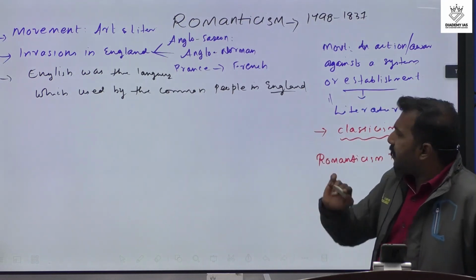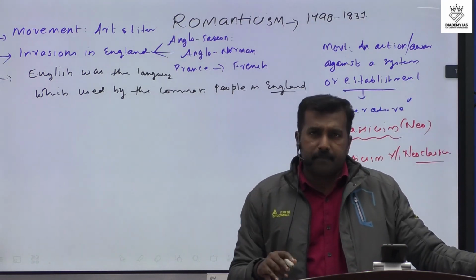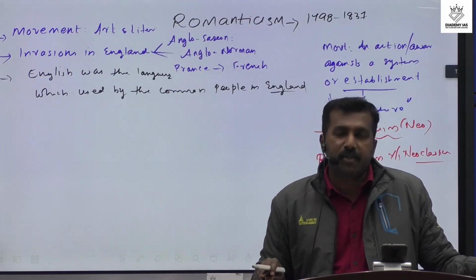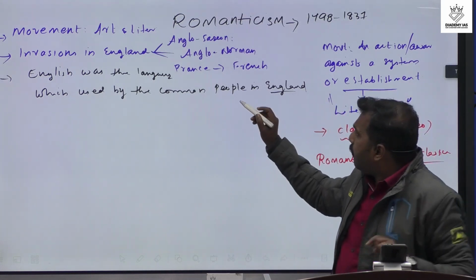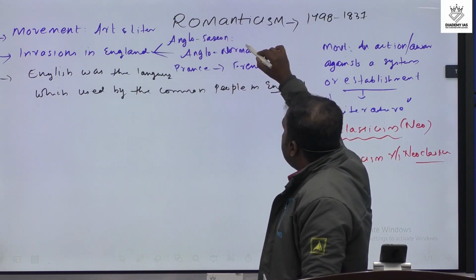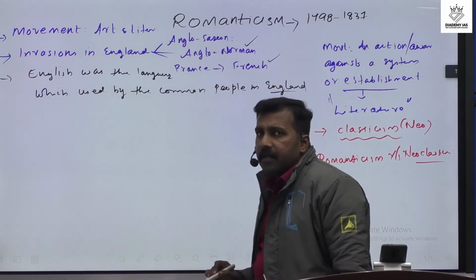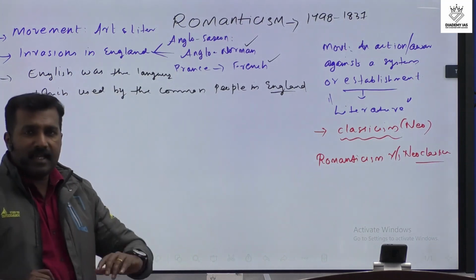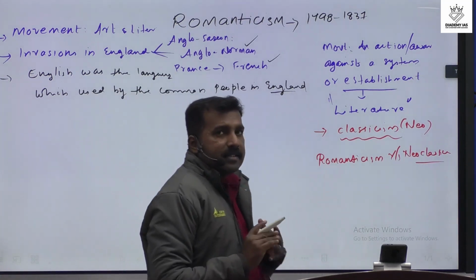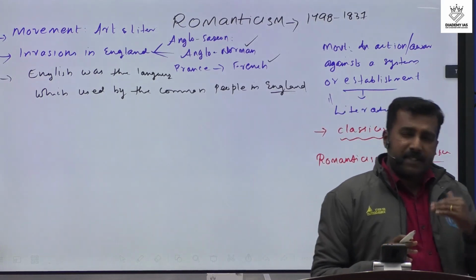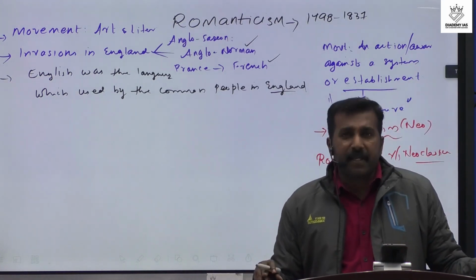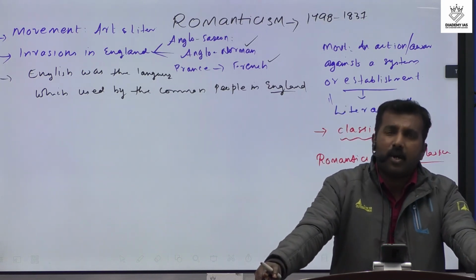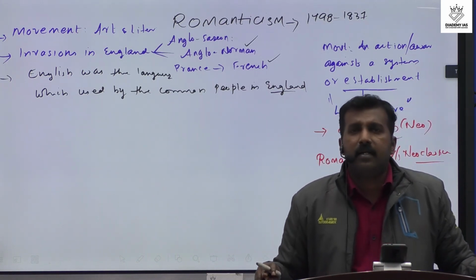The common people in England used the English language during that time. But the Anglo-Normans, the people from France, used the French language. That language was specifically for the superior community at that time, and it was prohibited or not accessible to the common people.